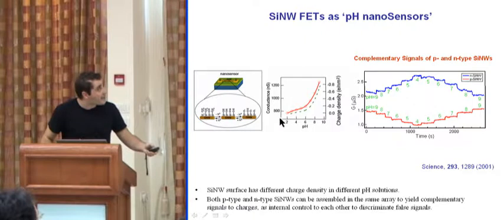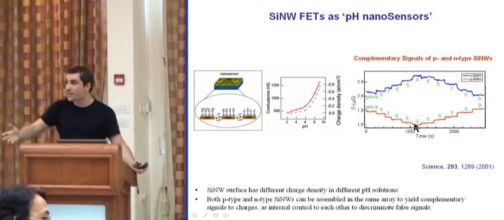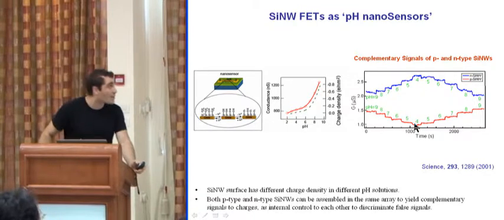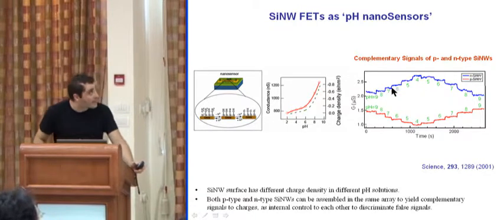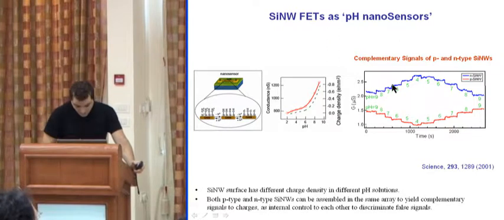In a p-type device, when the pH decreases, the more positive charges we have on the surface, and the conductance of the silicon nanowire device decreases. For an n-type device, we have the opposite behavior, as we expected, as the same charges will cause an opposite change in the conductance of the device.